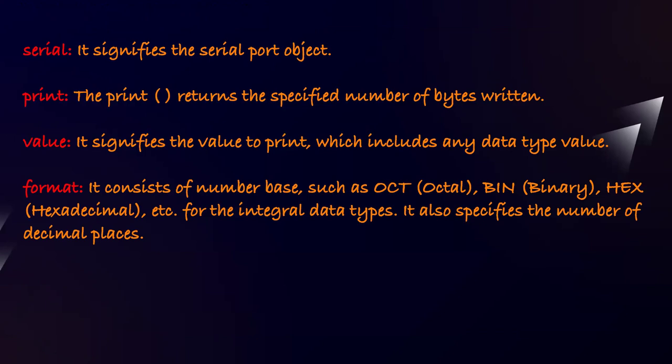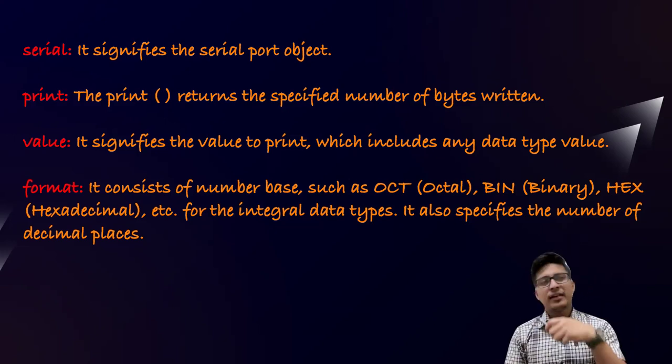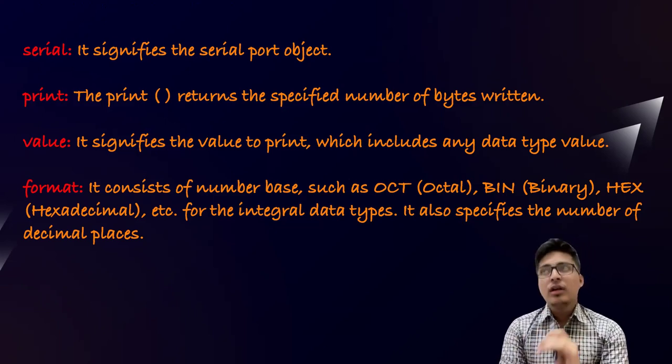For the integral data types, it also specifies the number of decimal places. So generally, when we try to write the data type in a decimal format, we decide how many decimal places we want to go through.